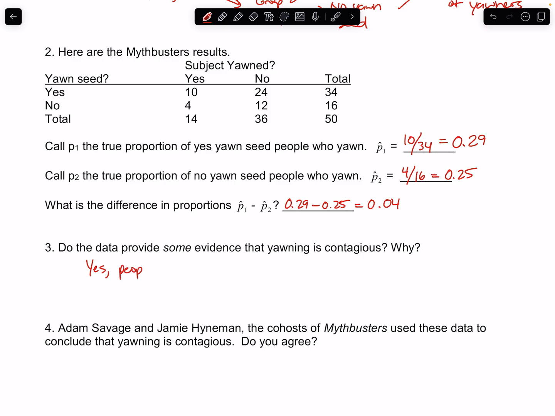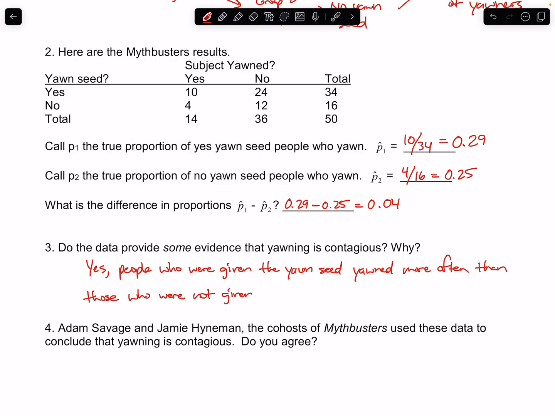People who were given the yawn seed yawned more often than those who were not given the yawn seed, right?